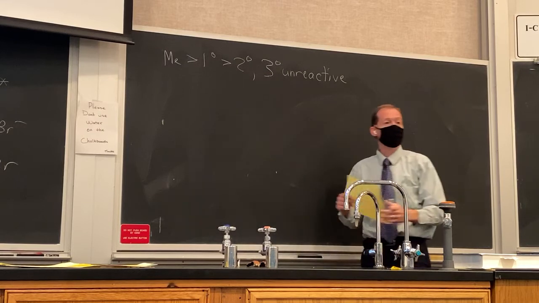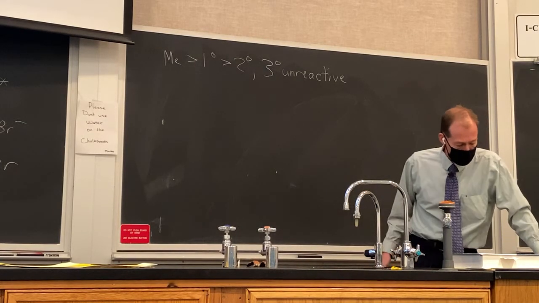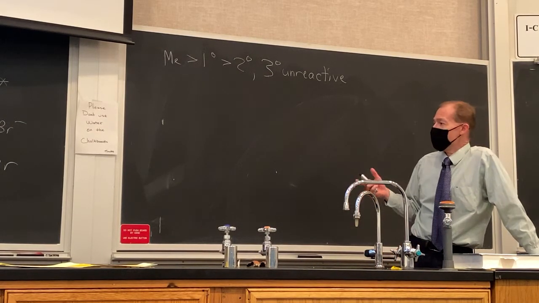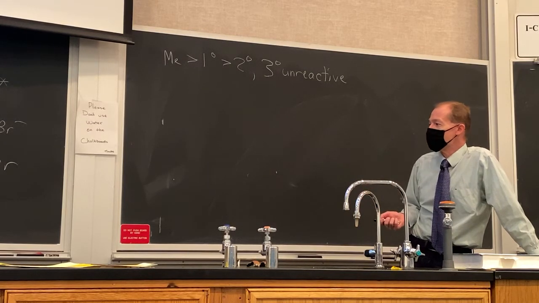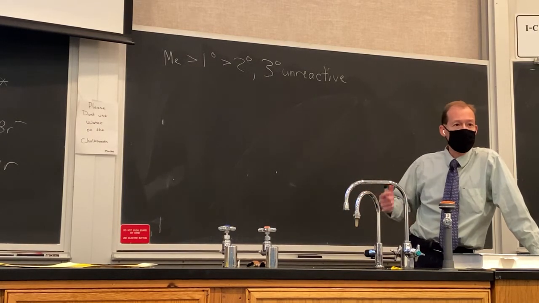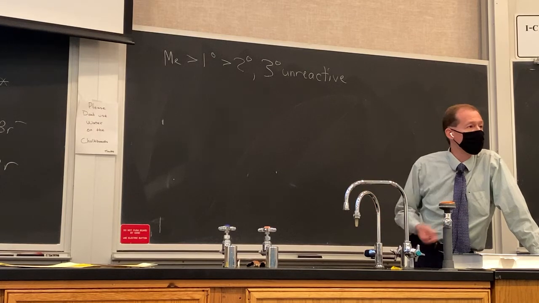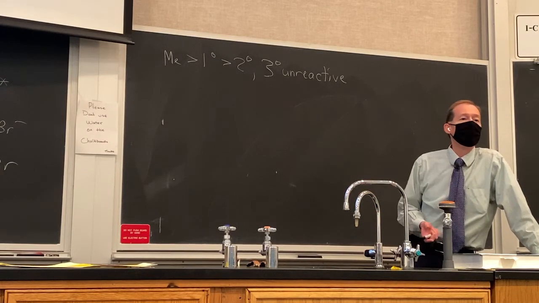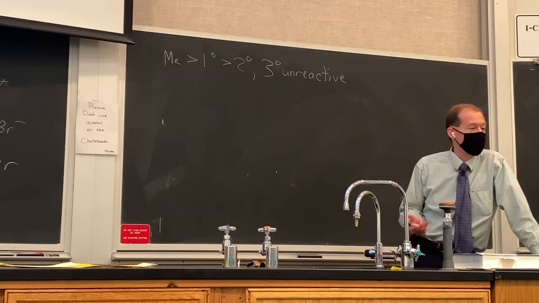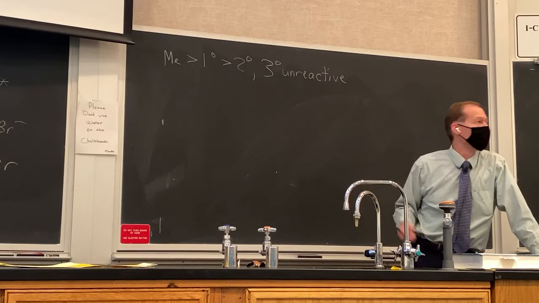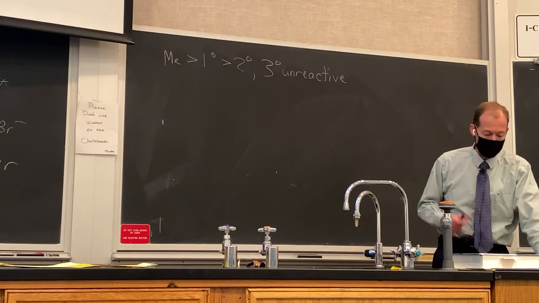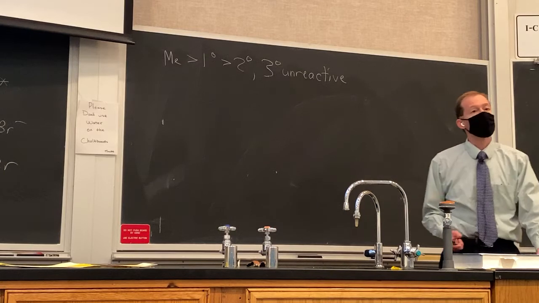Okay? So clearly, there's an impact of sterics. The more sterically hindered alkyl halides react slower, but we need to understand why this is the case. We can't just memorize this information. We have to understand why it is true.